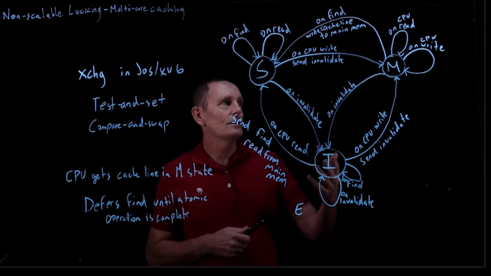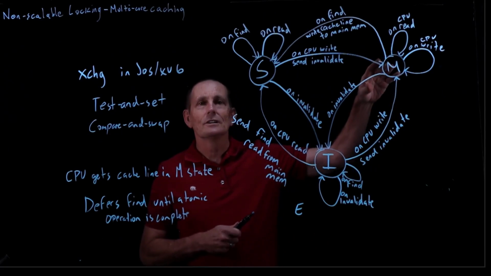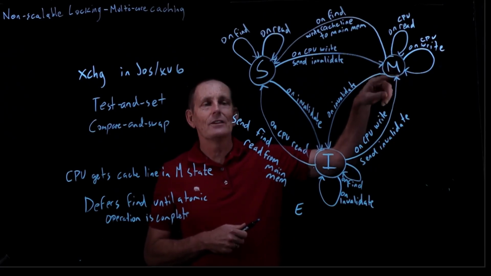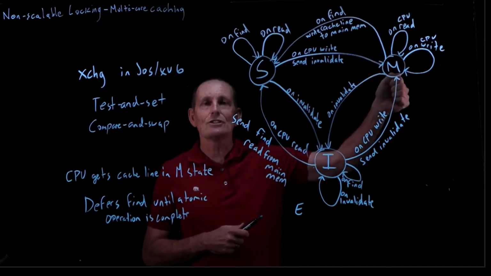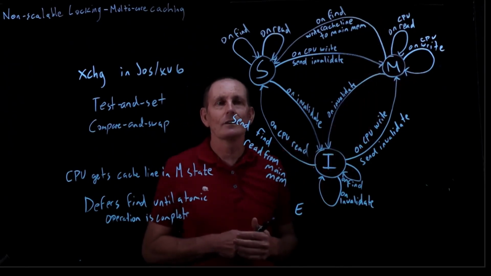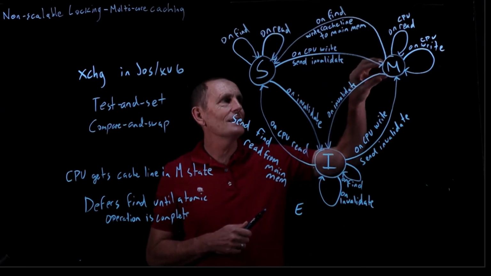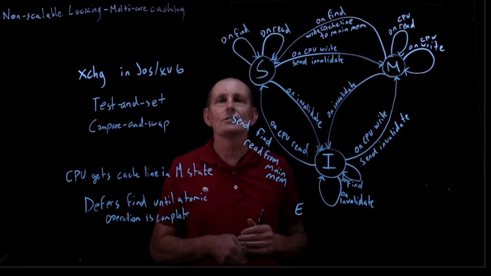We do an exchange. The CPU switches to a modified state, reads the value from memory, and then writes to the cache so that the cached value now has the modified value, and it can return the correct value for the result of the exchange. If a find happens in the middle of that, it ignores it and waits till it has actually finished the write.